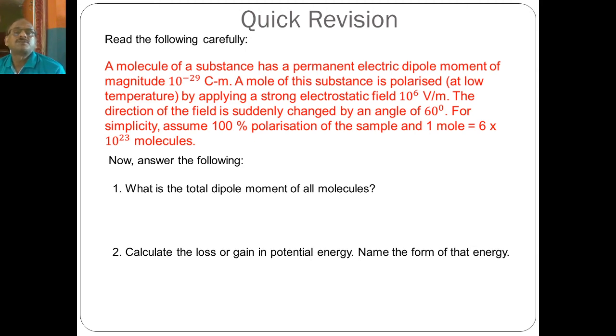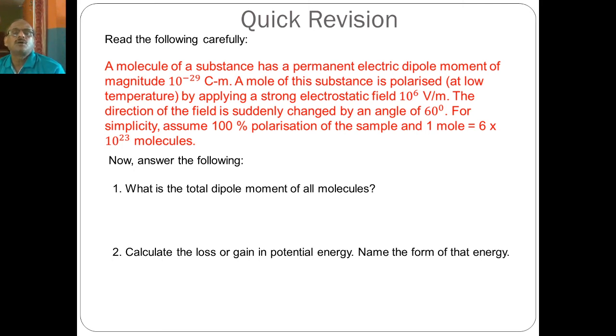A molecule of a substance has a permanent electric dipole moment of magnitude 10 to the power minus 29 coulomb meter. A mole of this substance is polarized at low temperature by applying a strong electrostatic field of 10 to the power 6 volt per meter.